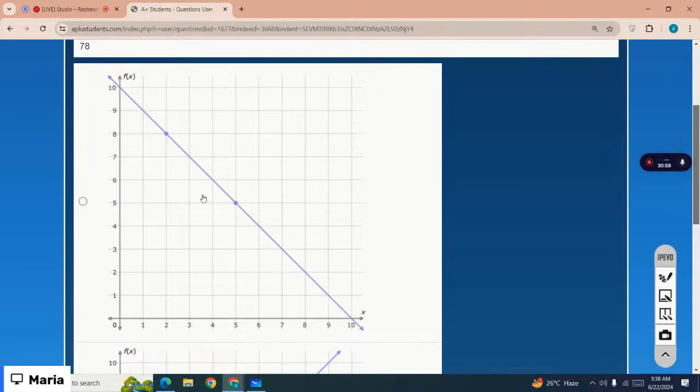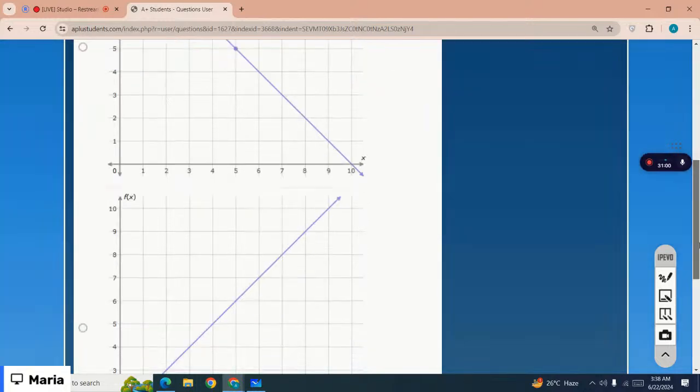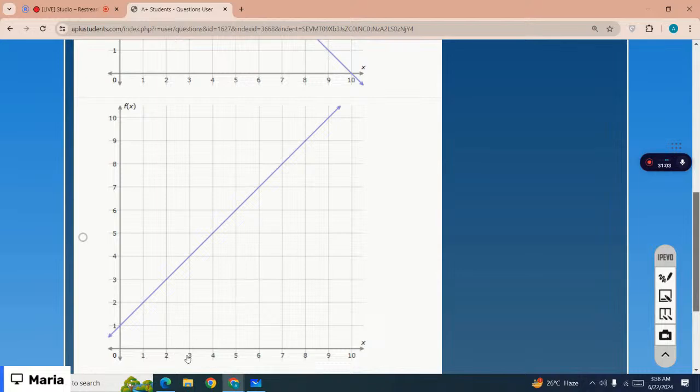Here x is 3, y is not 4. So that means option number 2 is the correct one. X is 3, y is 4. X is 4, y is 5. Option number 2 is the correct option. Got it?